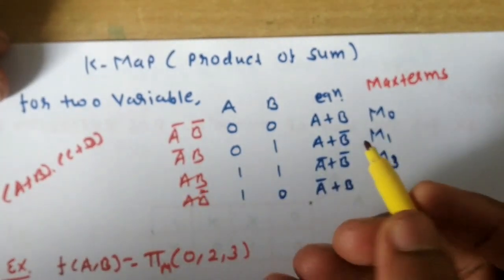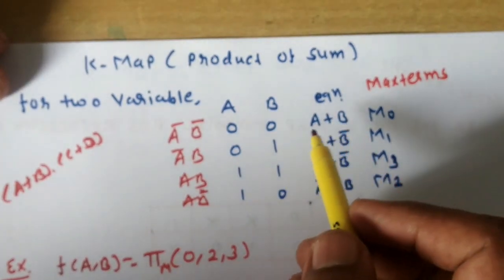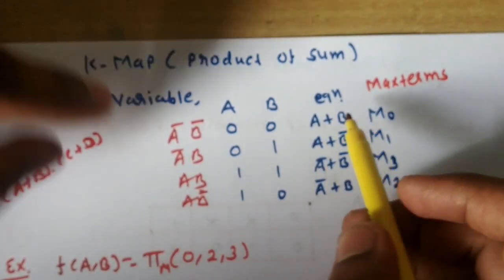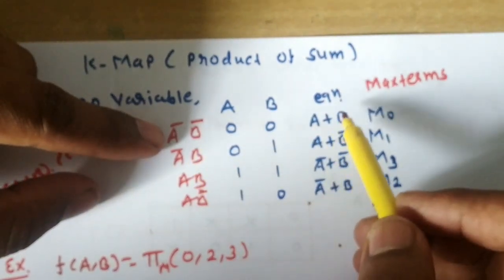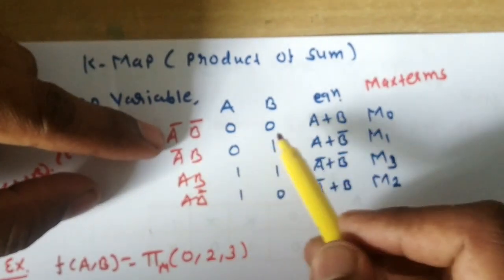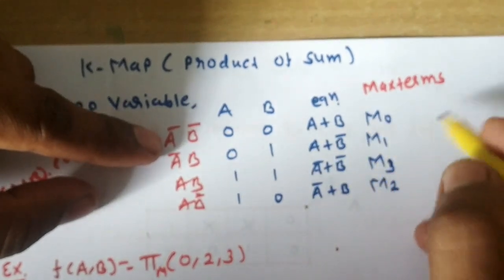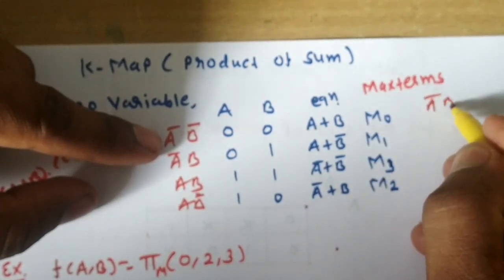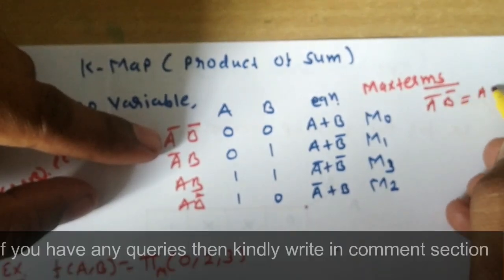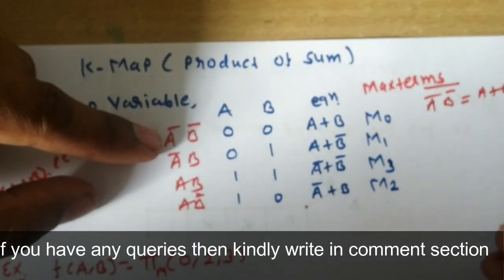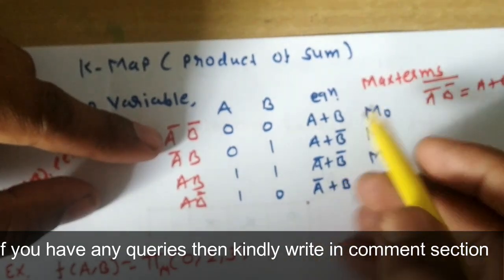But product of sum is the complement of sum of product. So we do the complement of a bar b bar, and we get a plus b. If you do the complement using De Morgan's theorem, we get a plus b.